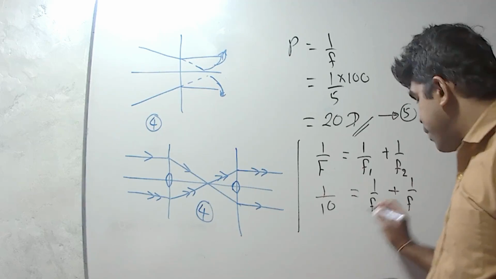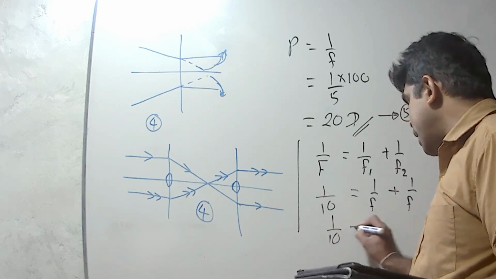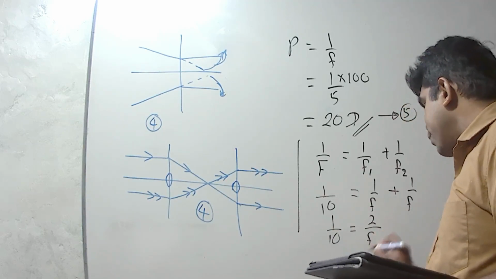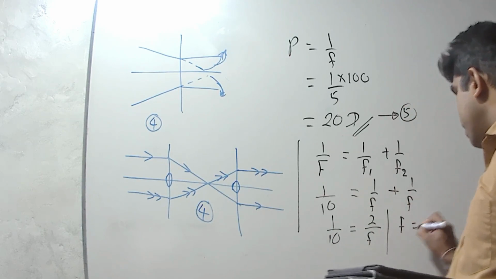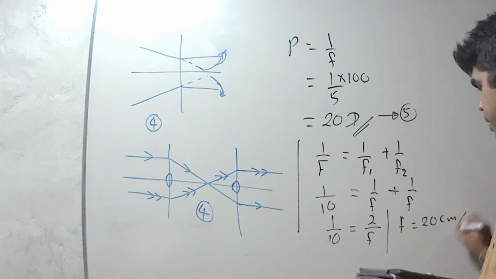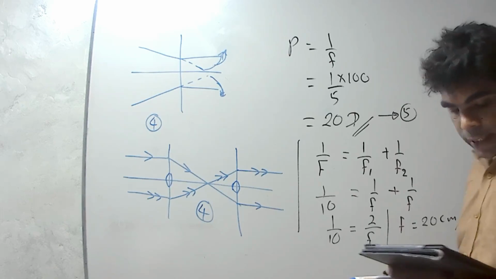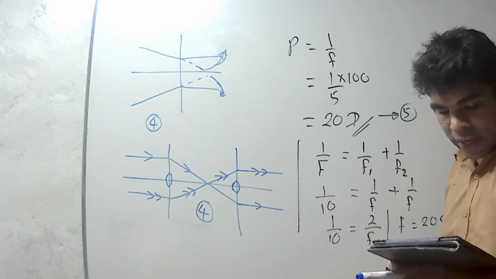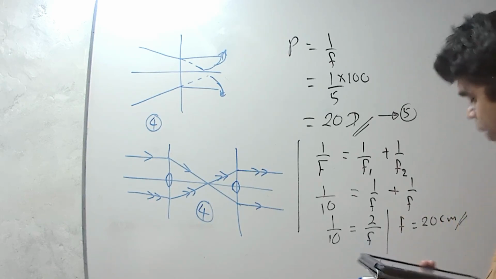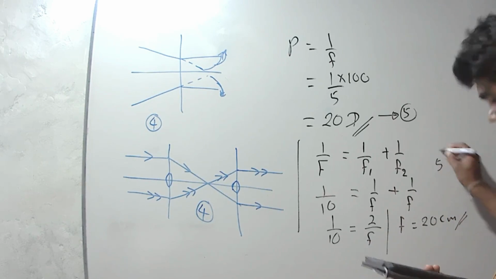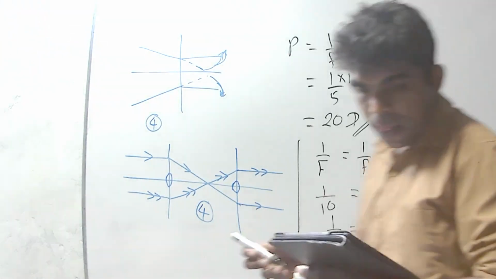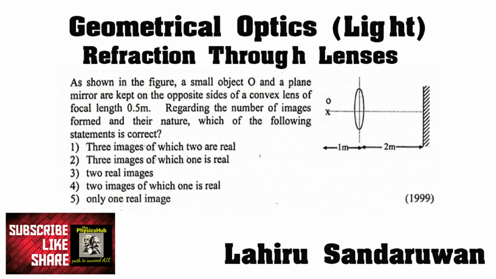Then we can find f value. 1 over 10 equals 2 over f. Then f is 20 centimeters. We can get two convex lenses of focal length 20 centimeters each. Answer is 5.